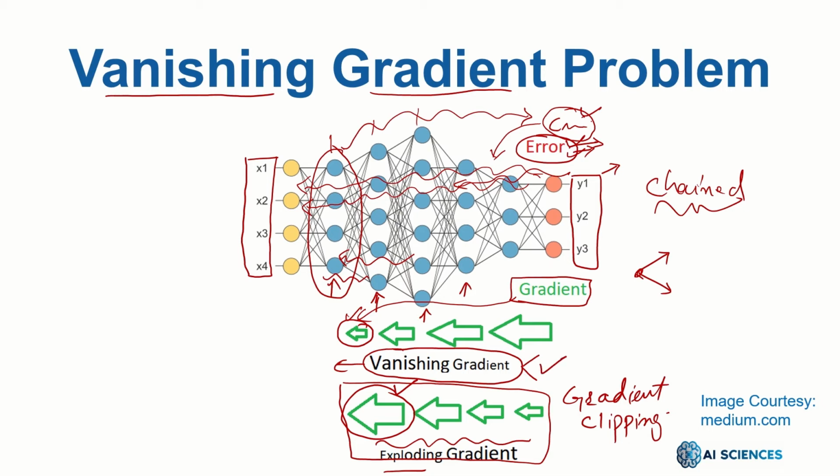Effectively, what the vanishing gradient problem brings in deep neural networks, and particularly in recurrent neural networks, is that the information at earlier time steps does not impact the loss function or the long-term dependencies.